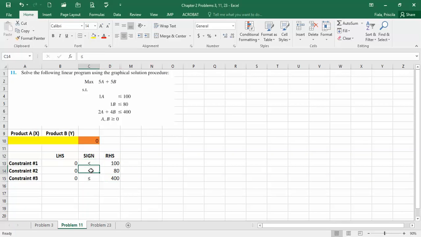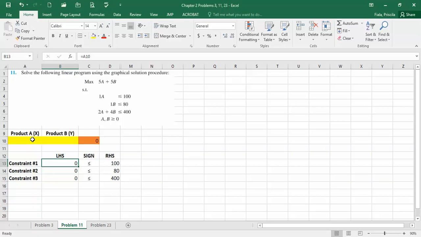For your sign, same thing. They're set. We're going to be defining that in Solver. The important thing is over here. If you look at the formula, all I did was say that 1A, this value, has to be equal to your product A. Whatever it is going to be, 1 times that value.